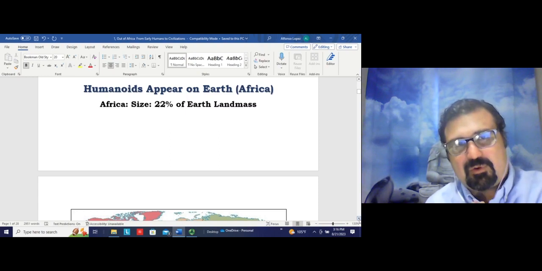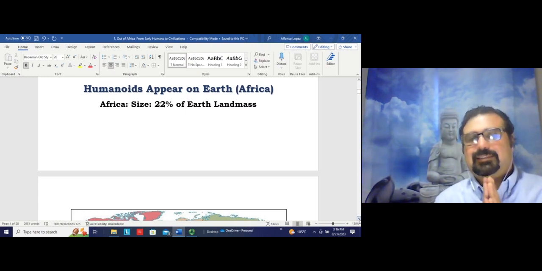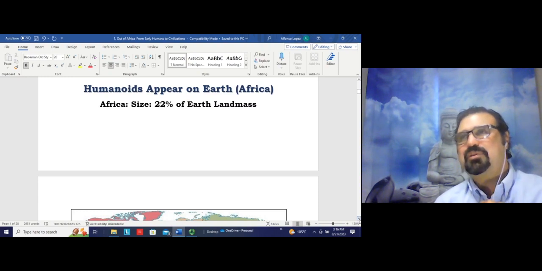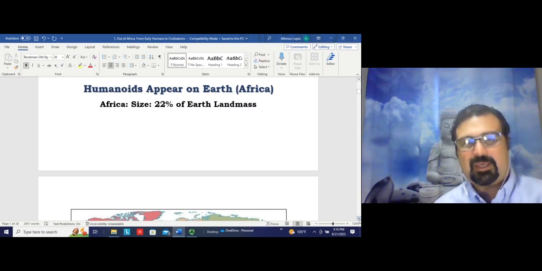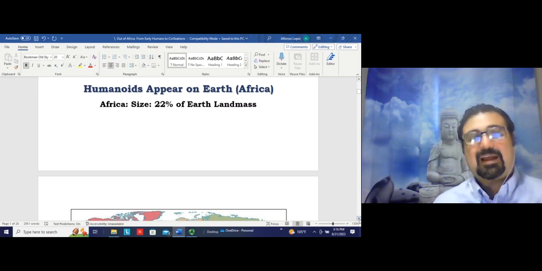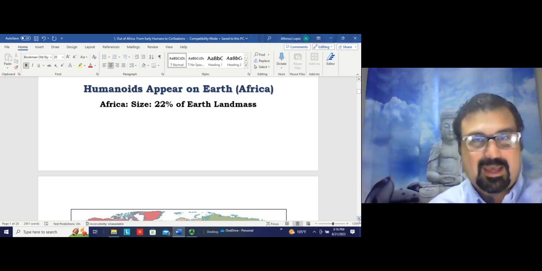Now, it is very, very important to note that Africa was perhaps an understandable location for the birth of human beings due to the fact that this is a gigantic continent. Okay, it comprises about 22% of the Earth's landmass.